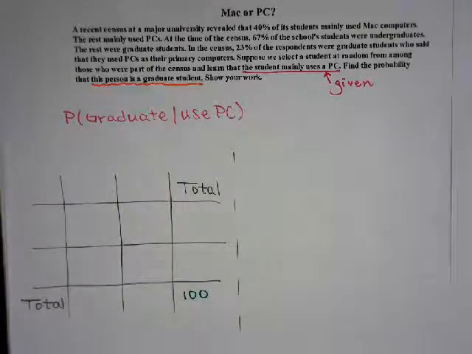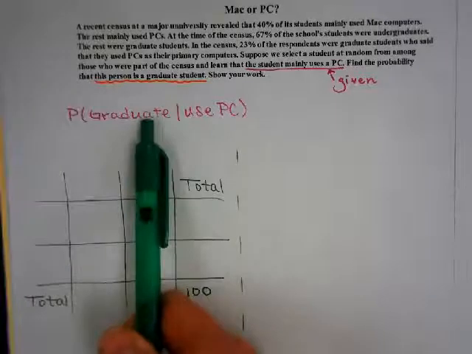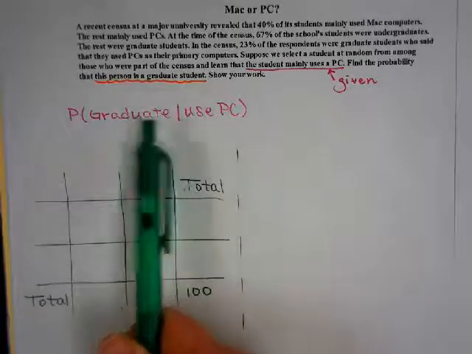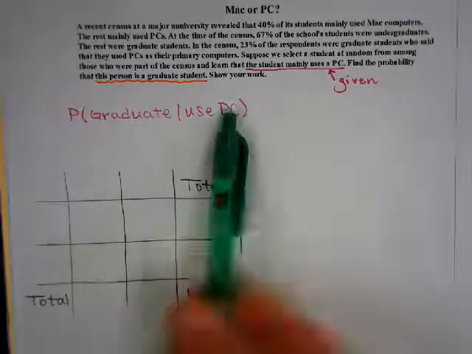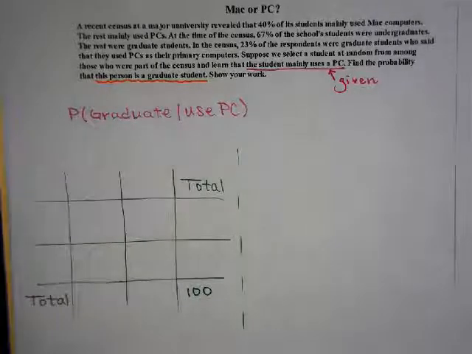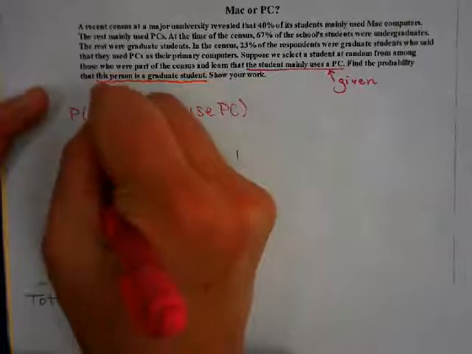Our two events that we're interested in are graduate and using a PC. So I'm going to put graduate across, and I suppose I should define that. G means they're a graduate, and G complement.